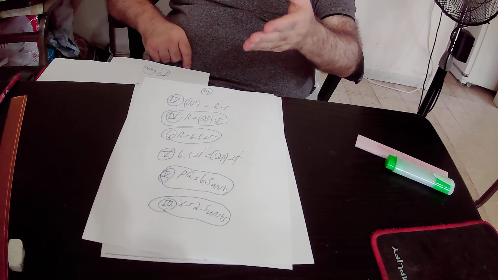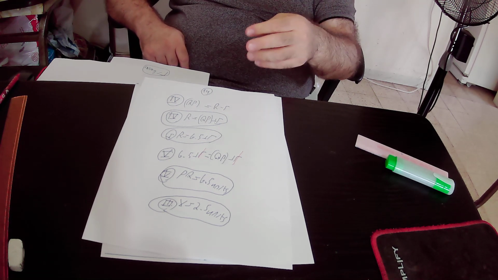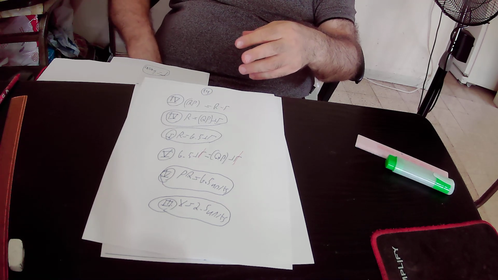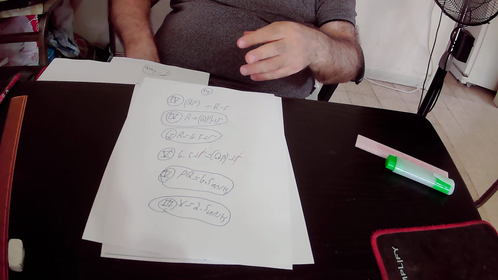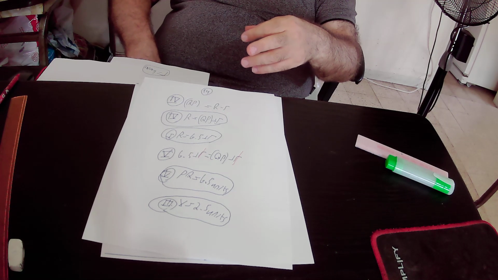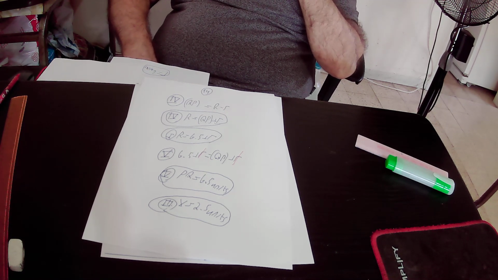This is the implementation of rule number 5 in our two circles. QP equals capital R minus small r. So from equation number 4 we got that capital R equals QP plus small r. But we have already found out that capital R equals 6.5 plus small r in equation number 1.